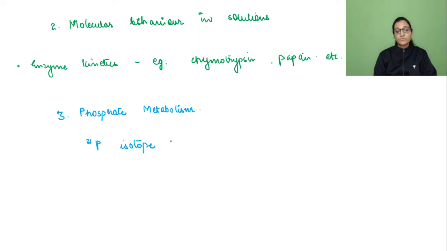By changing the concentration of AMP, ADP and ATP in living cells, the phosphate metabolism can be understood.